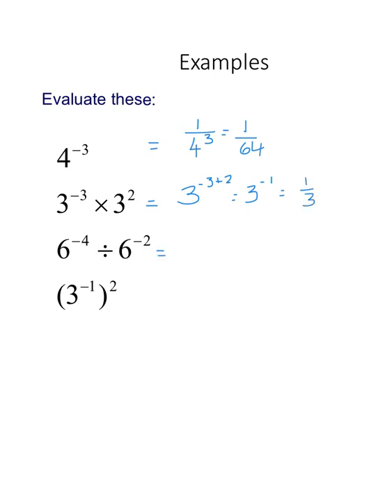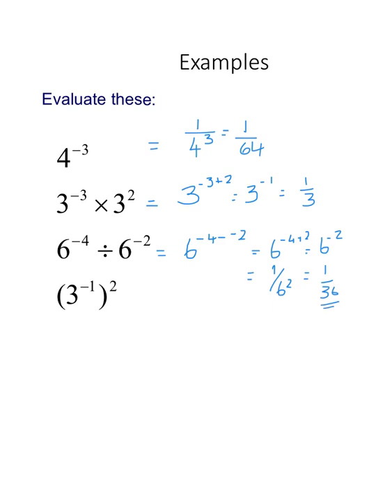And similarly with this one, we're dividing the same base, so we subtract the powers, so minus 4 minus 2. So you've got to watch your signs with these ones, which would be 6 to the minus 4 plus 2, which is 6 to the minus 2, which we can write as 1 over 6 squared, which is 1/36.